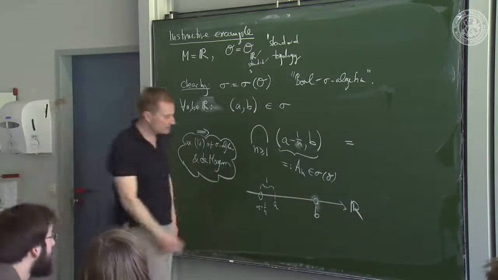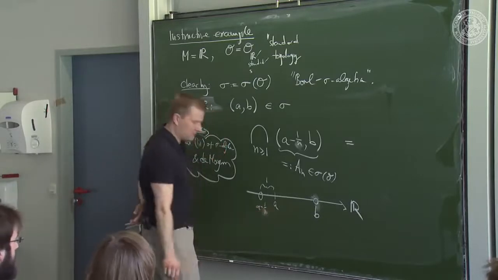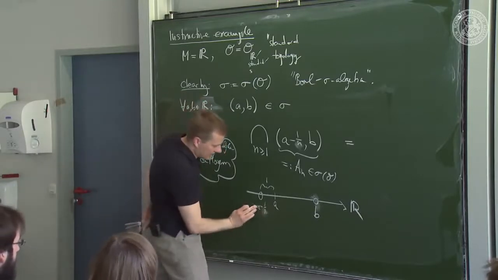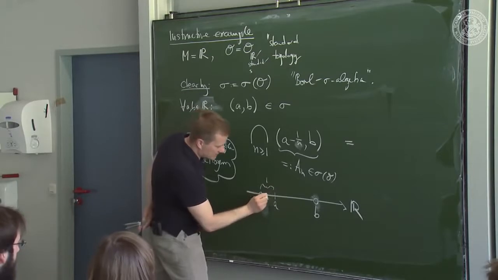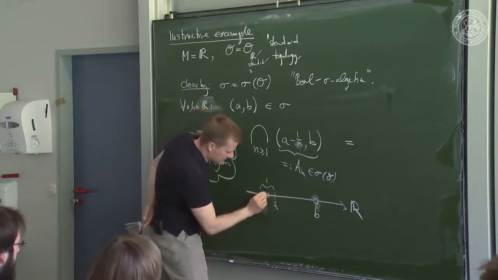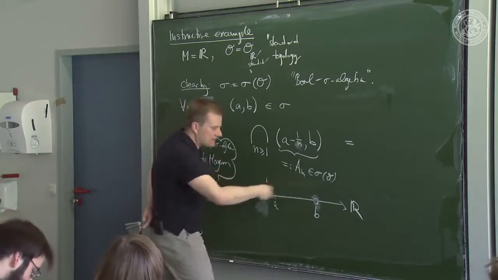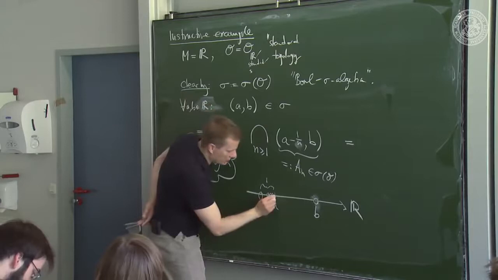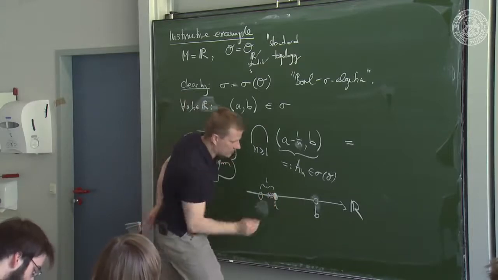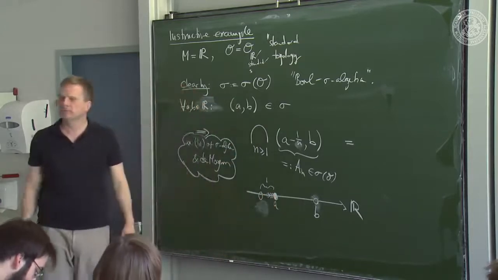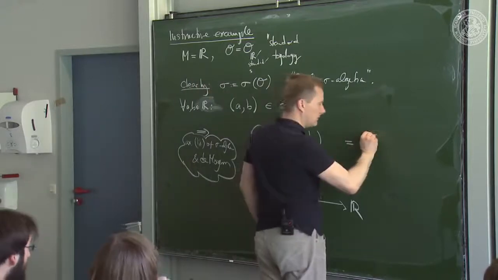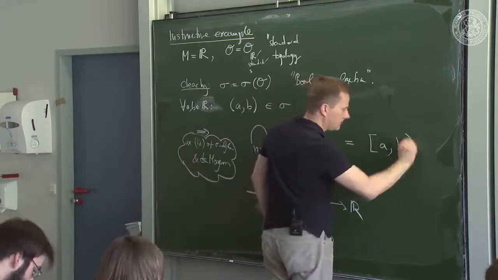Then a - 1/n with n equal to 2 is a half, then it's this interval, then it's a third, then it's this interval, then it's a quarter, and so on. If you take the intersection of all those, you end up with the interval that contains the point a. So this is [a, b).